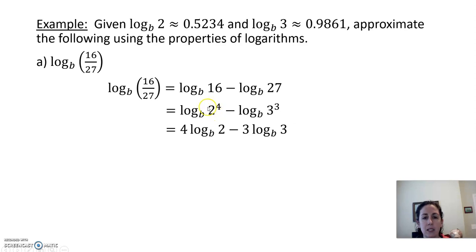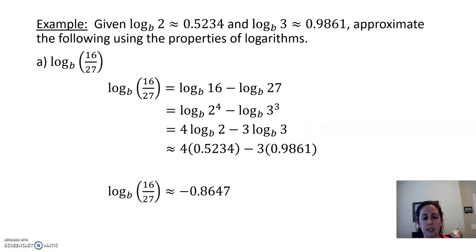Keep in mind, the 2 is being raised to the 4th, not the entire logarithm, so I cannot do my substitution here. I have to wait until I bring that 4 out front. And the same thing here. Now I can plug in those decimal approximations for each of those to get that log base b of 16 over 27 is about negative 0.8647. Let's do another one.